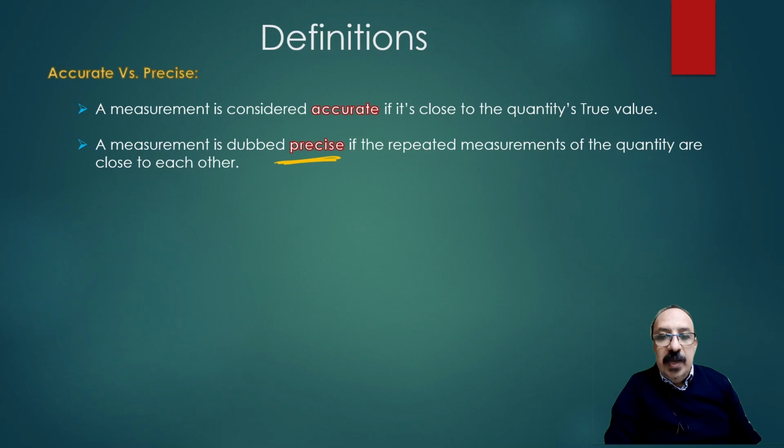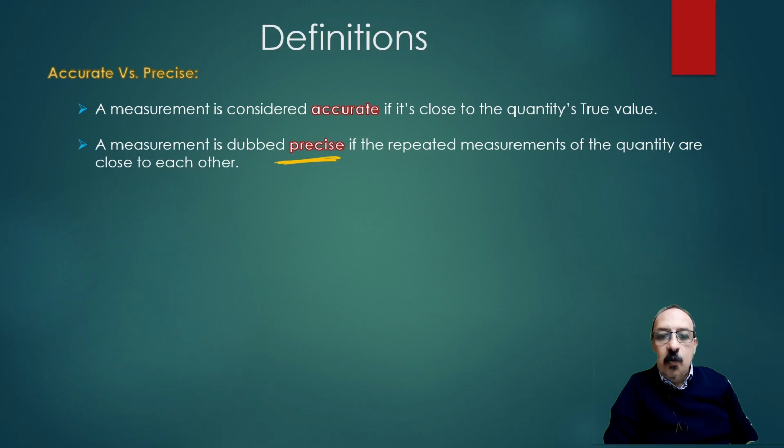Okay, being precise doesn't have anything to do with being accurate. What does the word accurate mean? It is that your measured value is close to the true value.